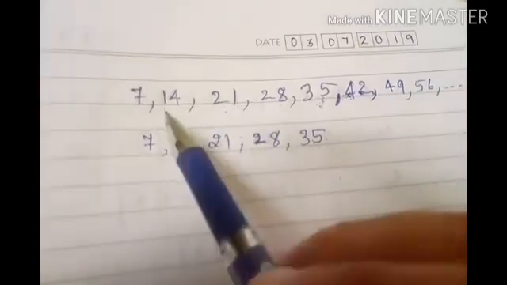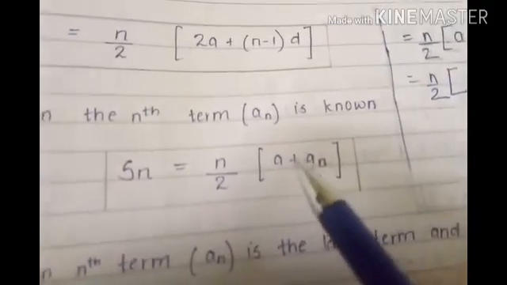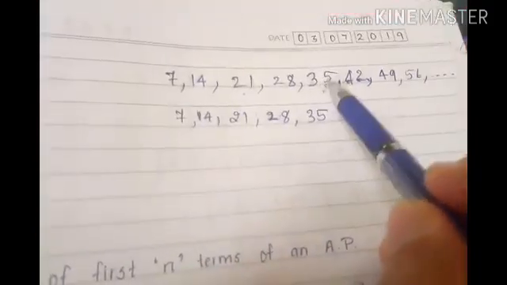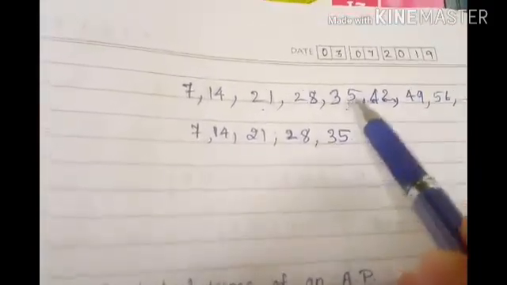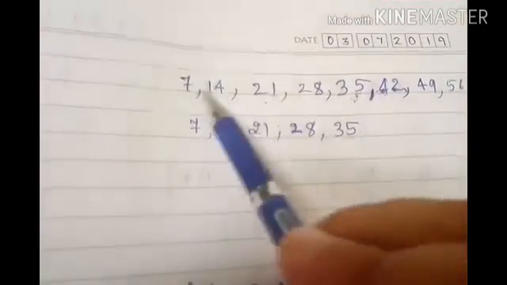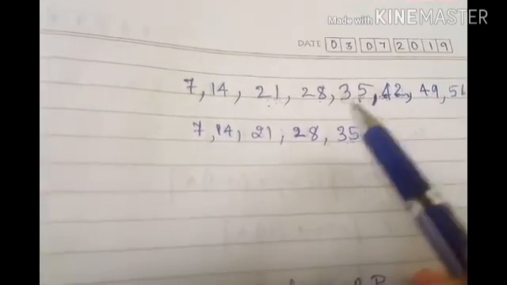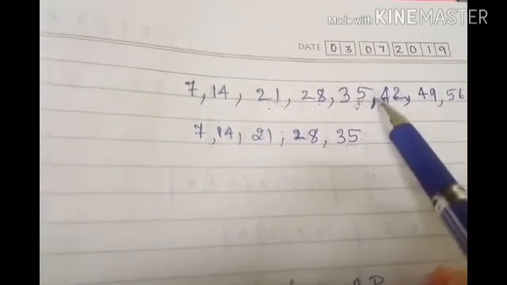Now, I have given you an example of 35 here, right? So here the nth term is 35, but is this the last term of the AP? No, it is the first, second, third, fourth, fifth term. So this is A5, so this is not the last term.